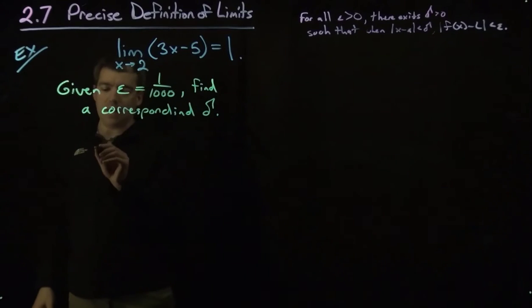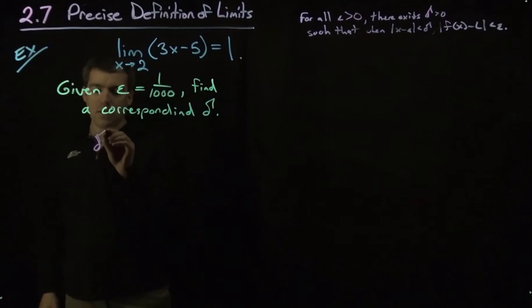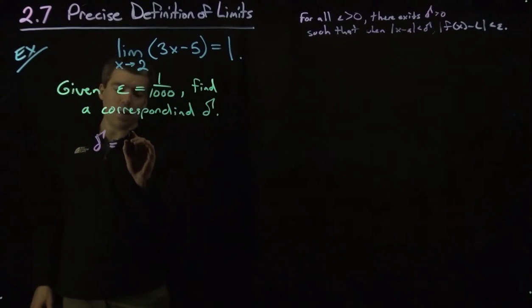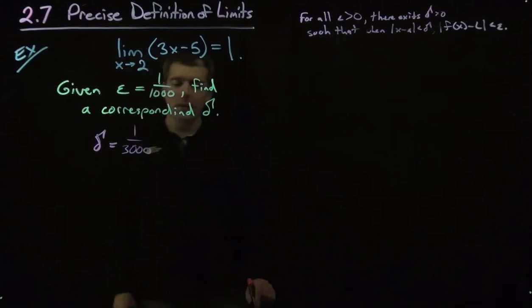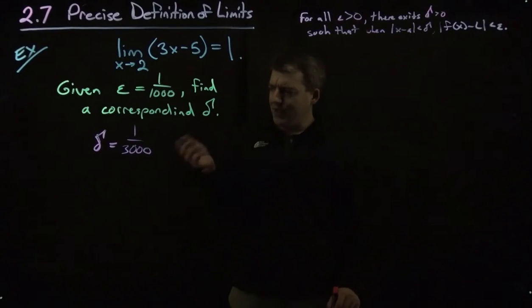So let's just write that down. So delta is 1/3000. Okay, so what does this mean?